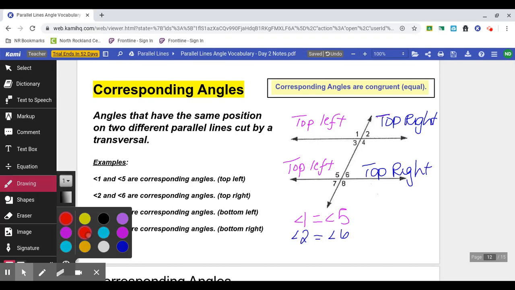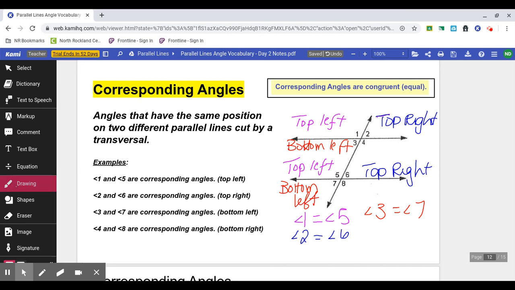Okay, now we're going to look at the bottom. On the bottom left, on the first line, we have angle 3, and on the bottom left of the second line, we have angle 7, which means angle 3 is going to be equal to angle 7.